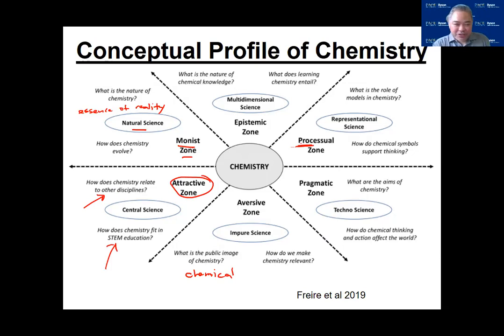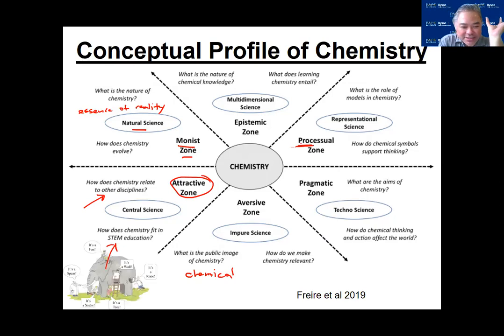As I have told you, this conceptual profile that we have is similar to the fable of the six blind men and the elephant. If you look at the slides here, one of the blind men said it's a fan because he touched the ear.